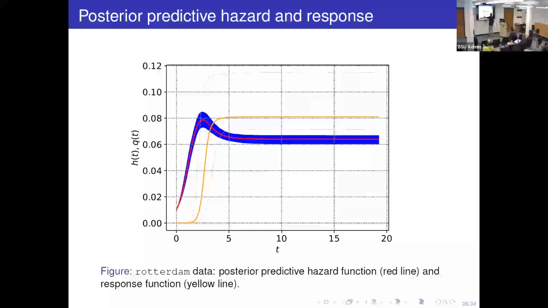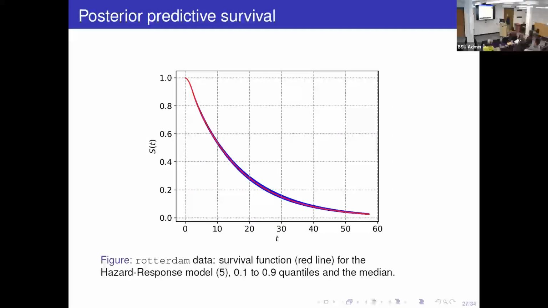The yellow line represents the response, which seems to kick in at around 2 years, and that's exactly when the hazard function starts going down. Then from there it goes up, and they seem to be stabilizing. And then, of course, we can obtain the usual posterior predictive survival analysis and calculate the survival probabilities at specific time points.